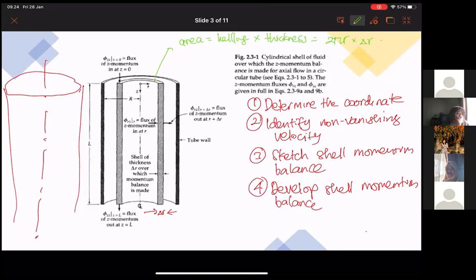How about the area of the inside? The area of the inside would again be the circular length, 2πR, multiplied with the length L. And for the area out, it would be 2π, but the R is not R, it should be R plus delta R, multiplied with L. So again, the momentum balance means you have to multiply the momentum flux with the area that is perpendicular to the direction of the momentum.